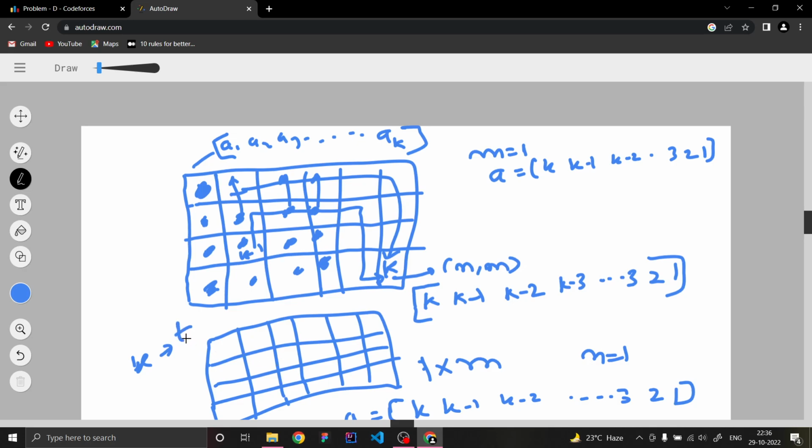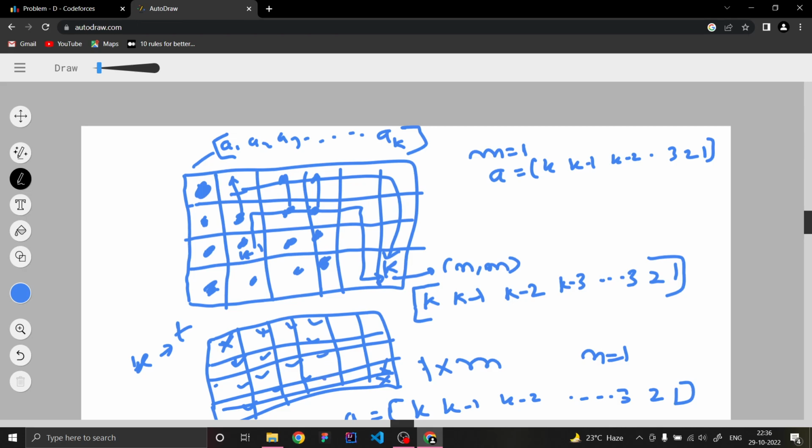Now these T cards, we would like to place except these two cells. We would like to place these cards in this region, except cell 1, 1 and n, m. Here, here, here. We can place these cards here.